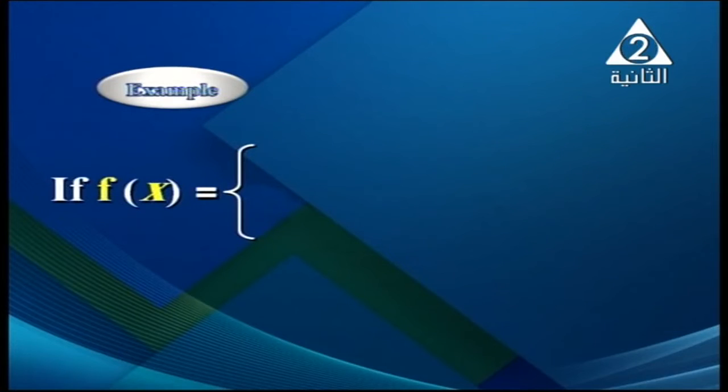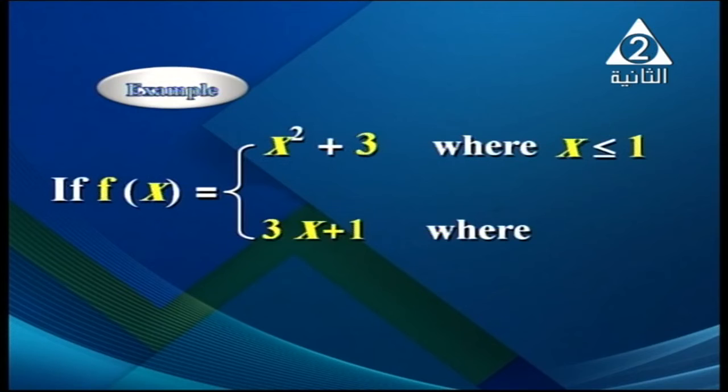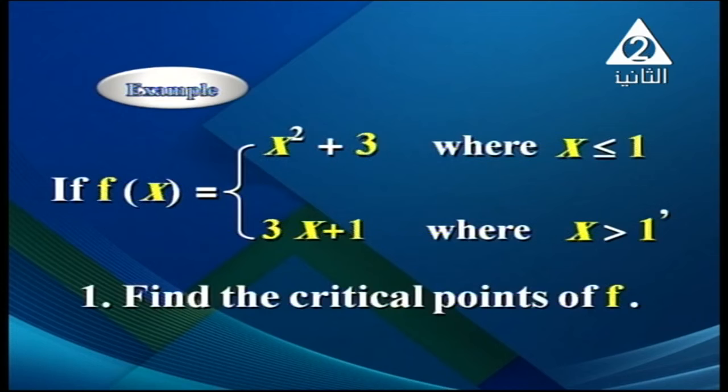Now, my dear student, look at an important example. We have a function f of x that has two branches. The first branch: f of x equals x squared plus 3 when x is smaller than or equal to 1. The second: 3x plus 1 when x is more than 1.